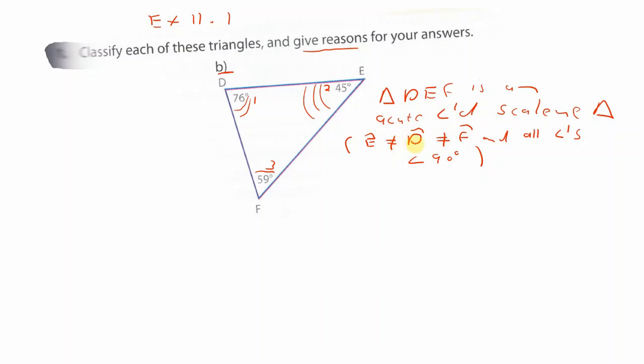Okay, so since all the angles are unequal, we know it's a scalene. And since all angles are smaller than 90 degrees, we know it's an acute angled one. So we have an acute angled scalene triangle.